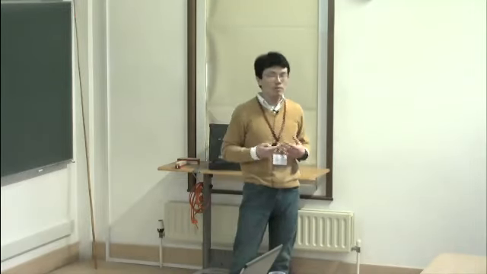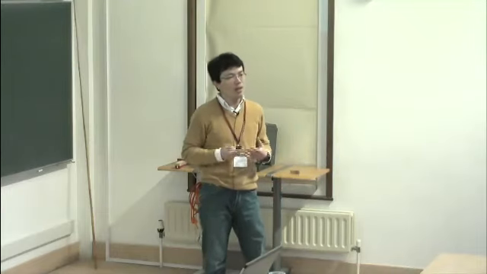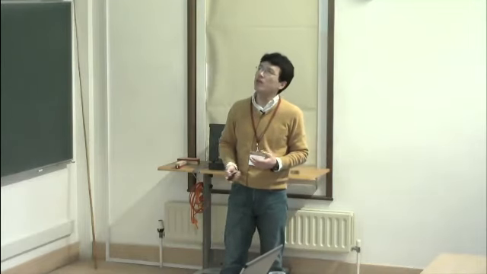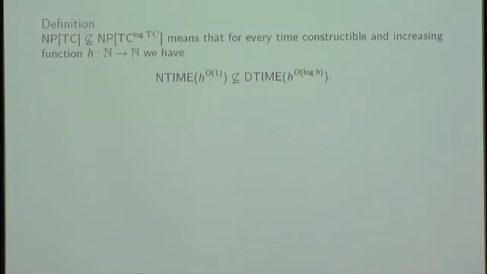Nevertheless, we can prove these things don't exist, assuming some complexity assumptions. Here, we need an assumption, which we call NTIME(h) is not contained in DTIME(h^{O(log h)}) for time constructible functions, where TC refers to time constructible functions. This means that for every time constructible and increasing function h, NTIME(poly(h)) is not contained in DTIME(h to the power of O(log h)).